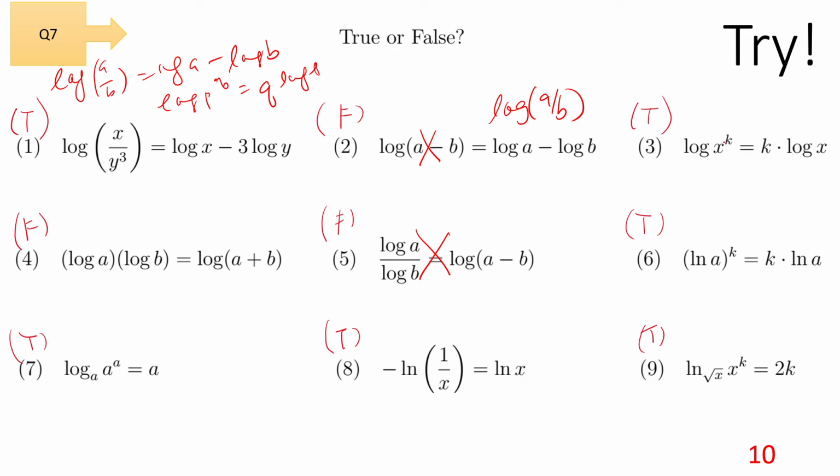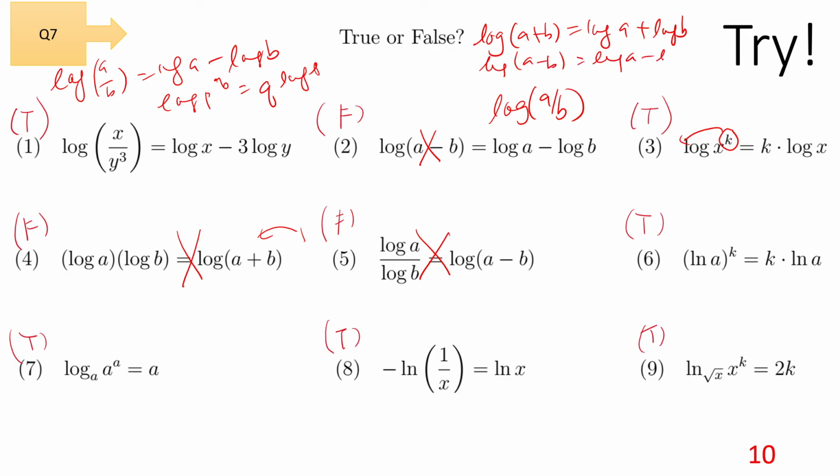Then this one, as I said, one of the properties brings the k in front, so I will have k log x, and this one we don't have. Actually these two are quite similar, this one also doesn't exist. Remember, for the logarithm we have only the most basic: log of a times b is log a plus log b, then log a over b is log a minus log b.